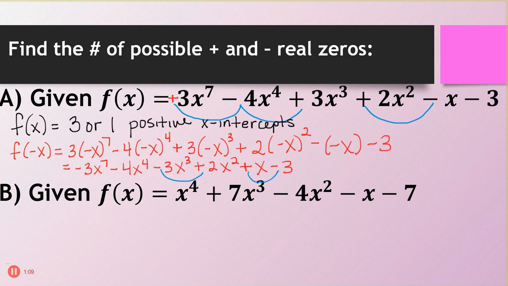So for f of negative x, we had 2 sign changes. So what that means is we can have two or 0 negative x-intercepts.